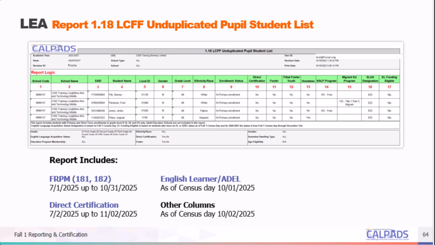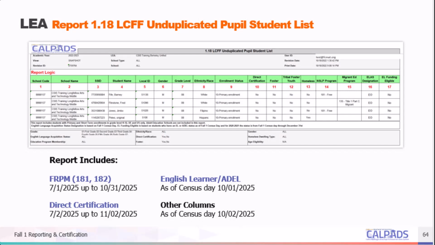Direct cert doesn't always get siblings or members of the same household. You might have step siblings, different last names. However, it's the same economic unit and they're going to be members of that same household. And so you want to be able to use this information you're getting from CalPads and make sure you're getting as many students counted. Not only do they receive free lunch, but most importantly, they're going to increase your funding for LCFF.